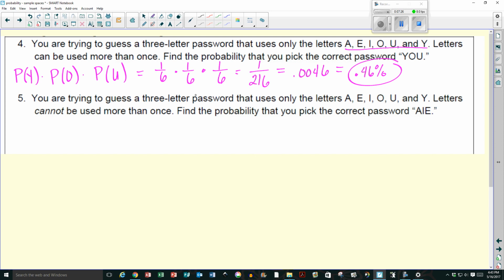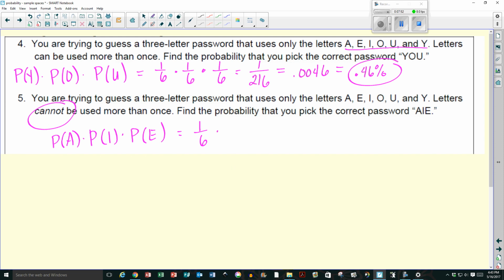So now you're trying to guess another 3-letter password. You're still using the same 6 letters. This time you cannot replace them. So now the probability of A, I, and E. So the probability of A is 1 out of 6 because there's 1 A out of 6 letters. But now you set it to the side because you cannot use it again.